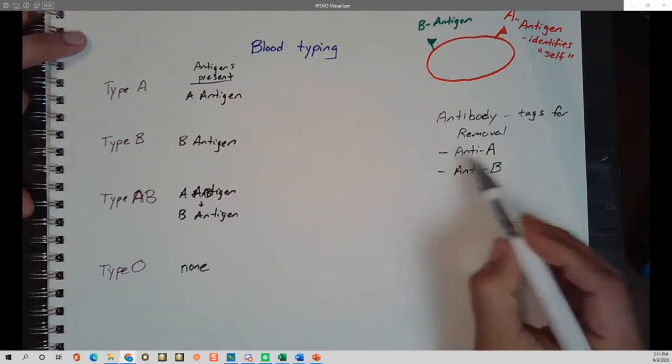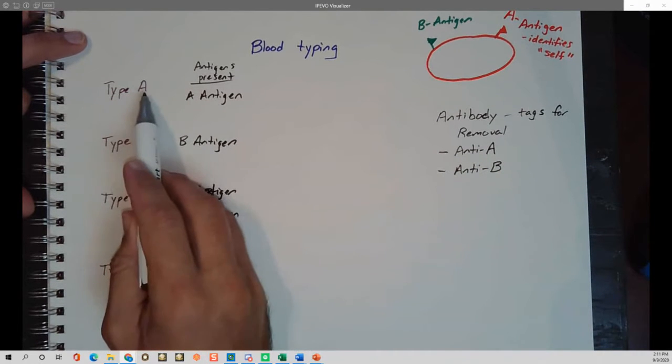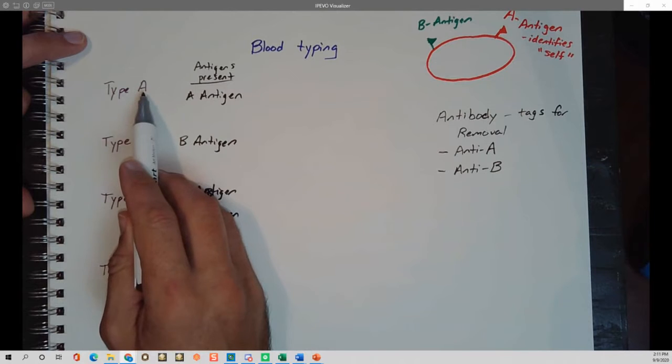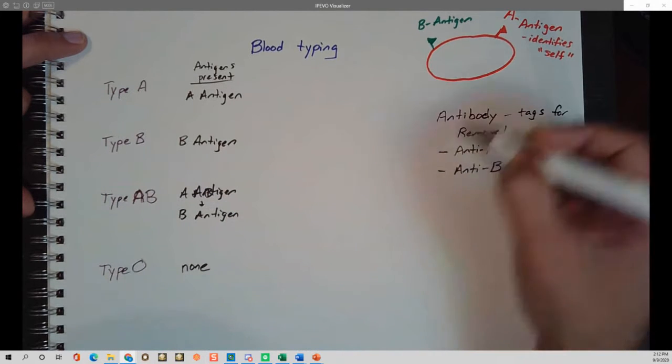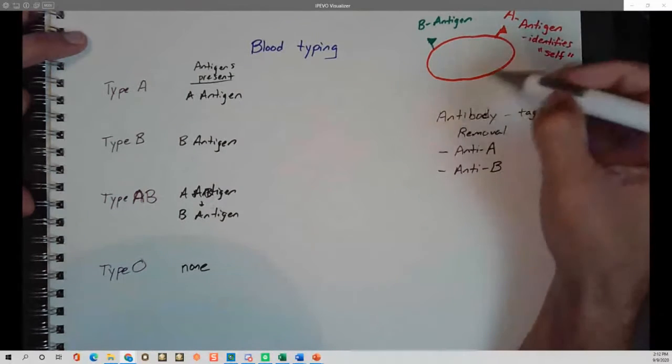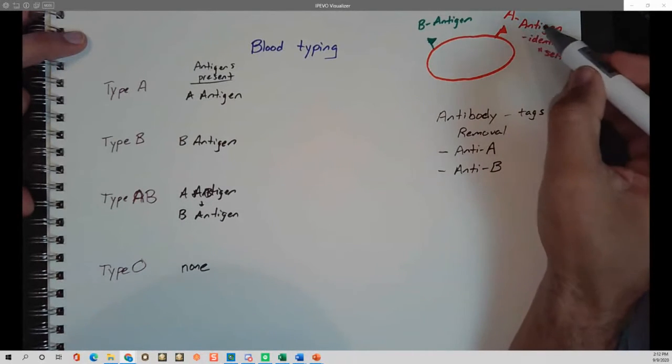Cool. Anti-A. Would we want anti-A if we were a type A blood? Again, that anti-A is going to be anti-A. So if it sees an A antigen, it's going to tag it and your body's going to kill it.